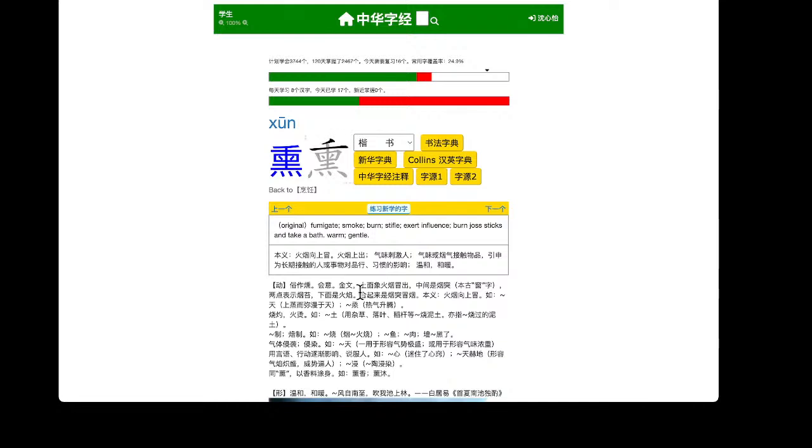The reason for that extension is, you 熏 smoke, cooking food by smoke. It takes a longer time, right? And once it's done, the food gets the taste and the smell of whatever material you're using.